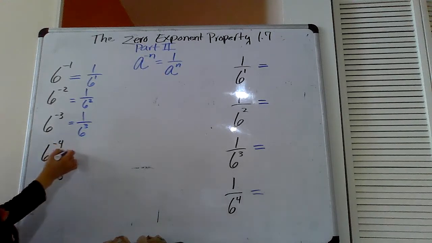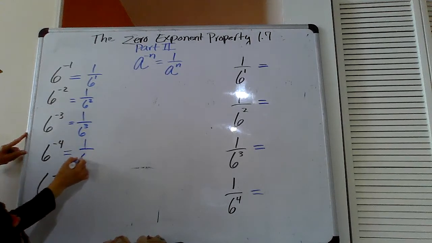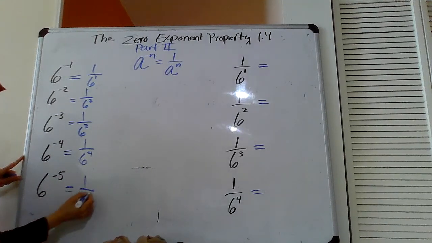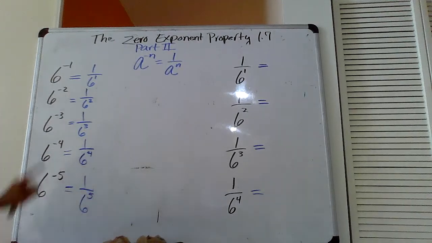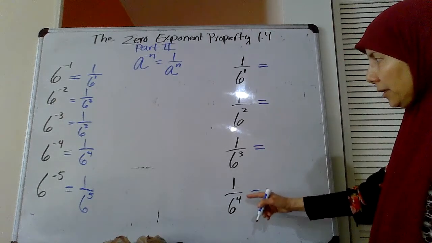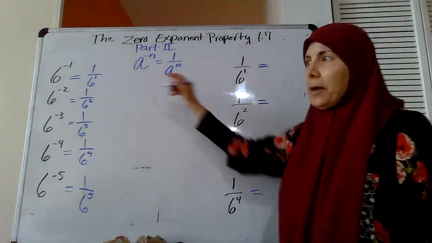So let's keep going. This will be 1 over 6 to the fourth power. That is correct. 1 over 6 to the what? Fifth power, correct. Now let's go in the reverse. Suppose I gave you this form of the negative powers.